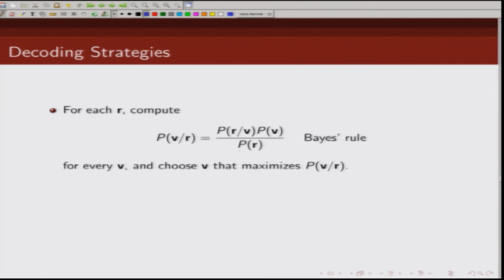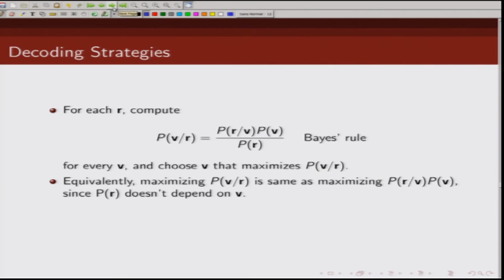Now, again, the choice of V does not change the probability of R. So, maximizing this becomes maximizing this quantity, because the other quantity does not depend on the choice of V. Okay.